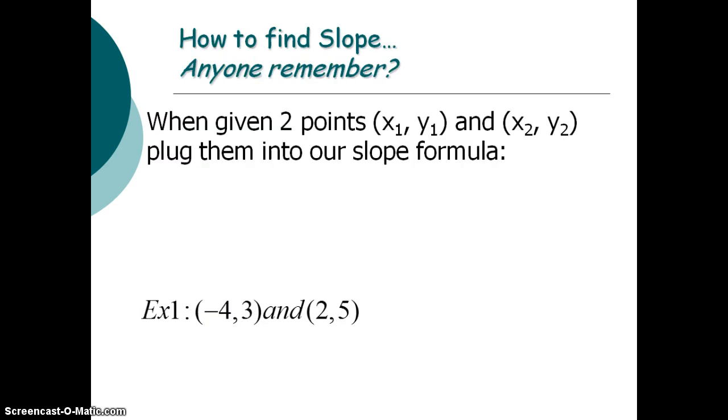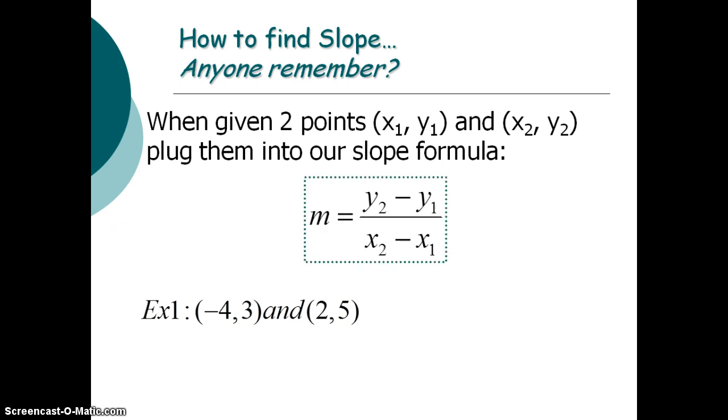Now let's talk about how to find slope if we're given points. When given 2 points, x1, y1, and x2, y2, plug them into our slope formula. Slope is equal to y2 minus y1 over x2 minus x1.